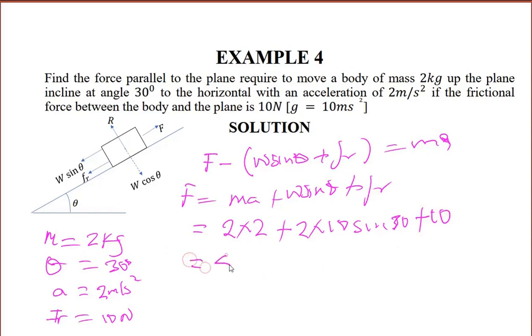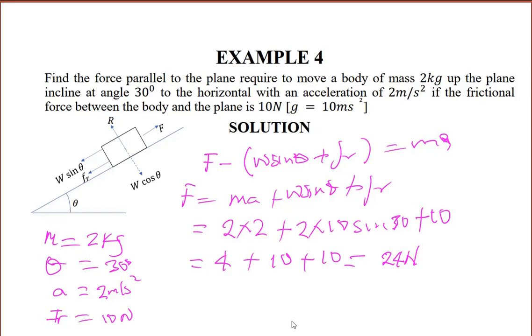That gives me 4 plus 2 times 10 sine 30, that will give me 10 plus 10. If we sum them up, 4 plus 10 is 14, plus another 10 is 24 Newton. So the force capable of moving this body with an acceleration of 2 meters per second squared is 24 Newton.